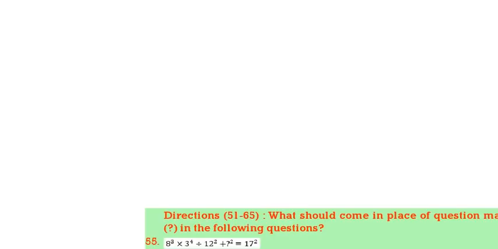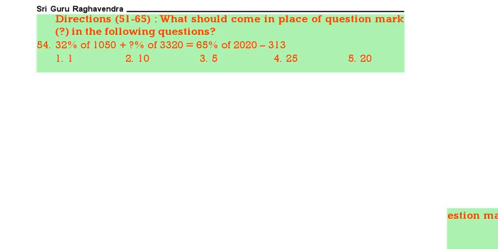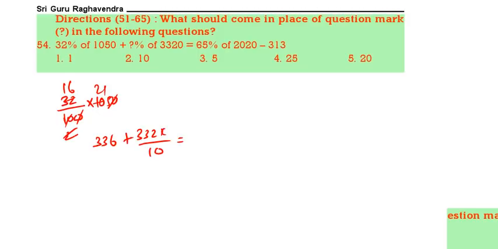Next, 32% of 1050. 32 by 100 into 1050. That is 336 plus 332 x by 10 is equal to 65% of 2020. 65 by 100 into 2020. 0, 0 cancel. 13, 101. 101 into 13 is 1313.